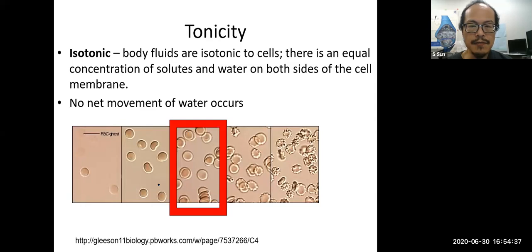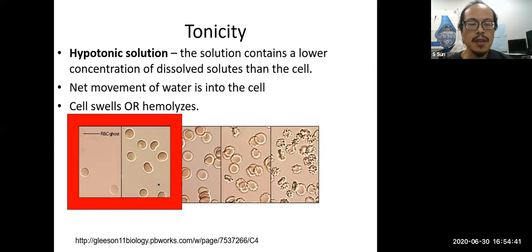So the solution where the cell remains the same shape is called isotonic. If water comes into the cell, meaning that outside has low concentration, it is called a hypotonic solution. Then with water going in, the cell will swell or start to break apart.